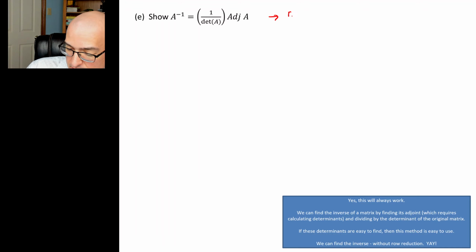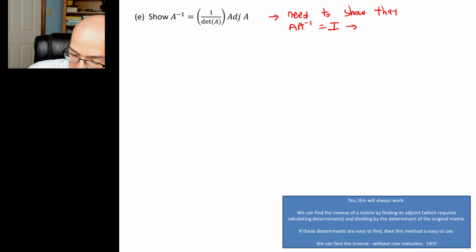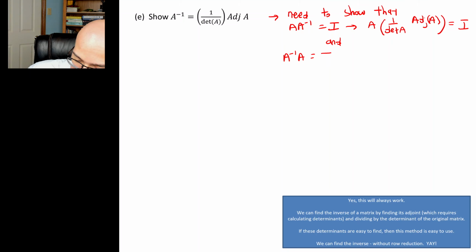We need to show that A times 1 over the determinant of A times the adjoint of A is equal to the identity, and that 1 over the determinant of A times the adjoint of A times A is equal to the identity matrix.